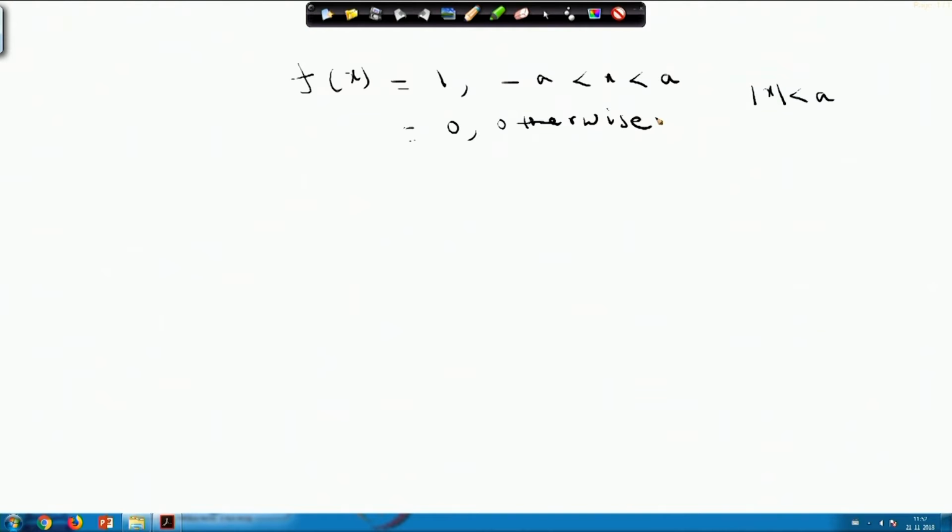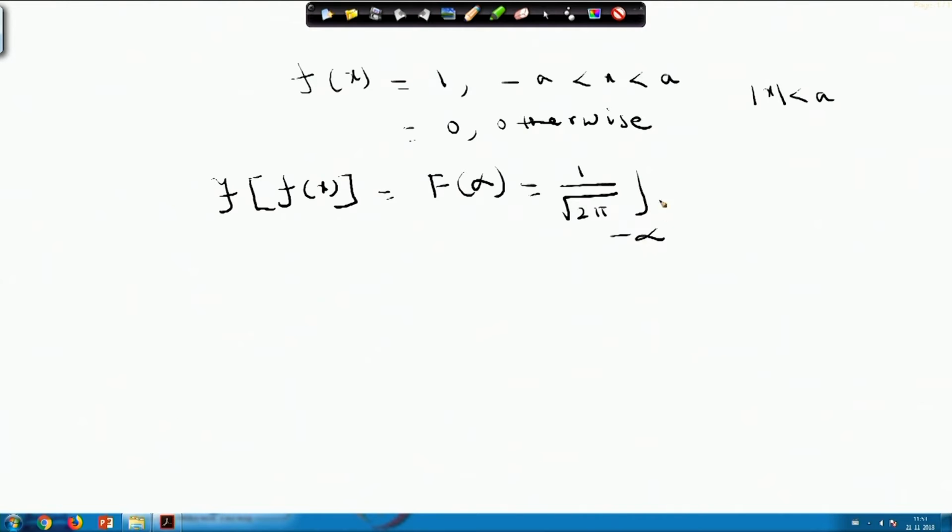So, the Fourier transform of the function f(x), from the definition, is capital F(alpha), which equals 1 by root over 2 pi times the integral from minus infinity to infinity of f(x) into e to the power i alpha x dx. The value of f(x) is 1 from the given function, so the integral from minus infinity to infinity reduces to minus a to a, because in all other intervals the value of f(x) is 0.